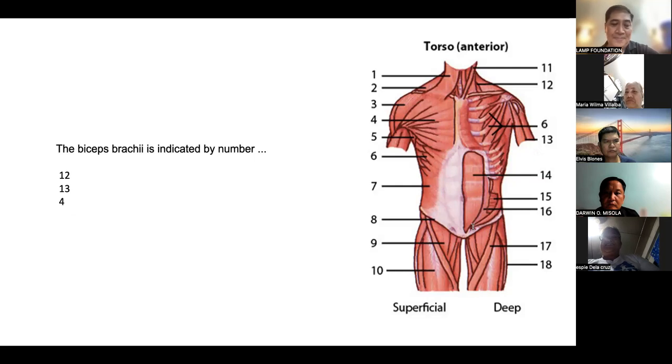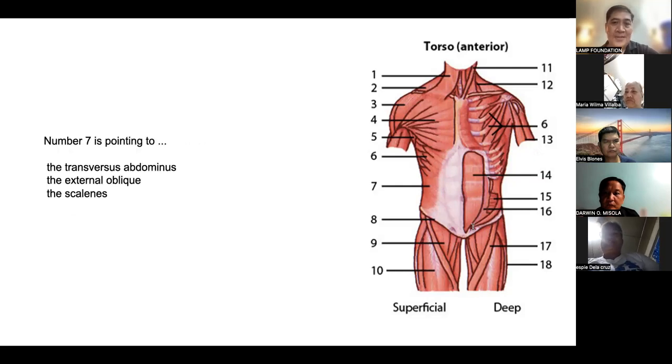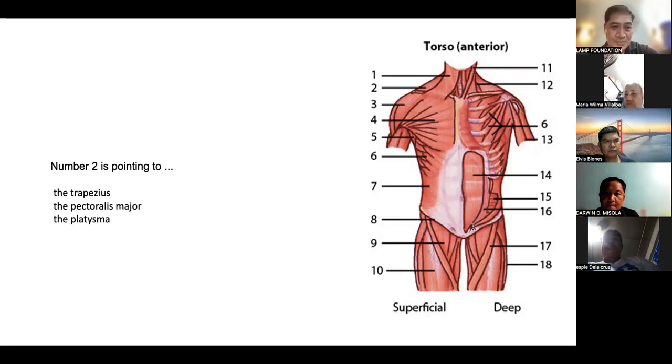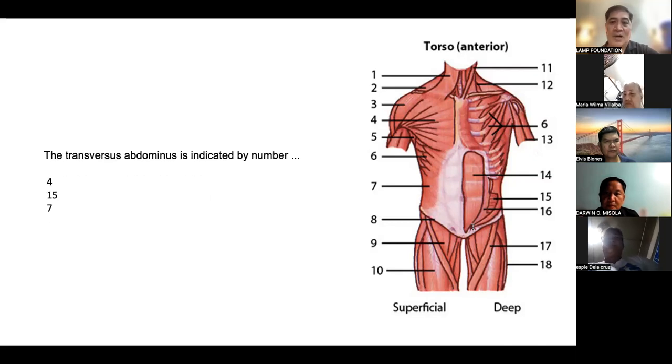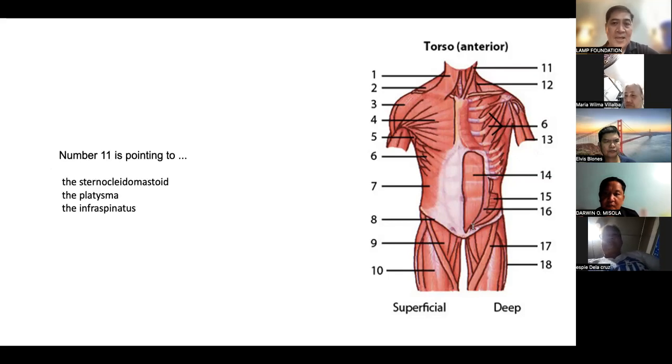Biceps brachii, number 13. Number 7, external oblique. Number 2, the trapezius. Transversus abdominis, number 15. It's abdominis, not abdominus. Number 11.